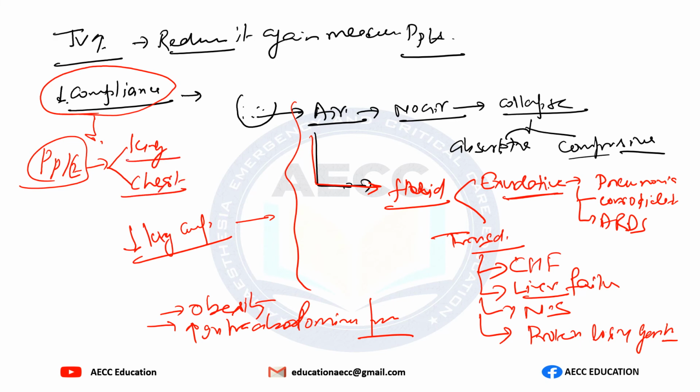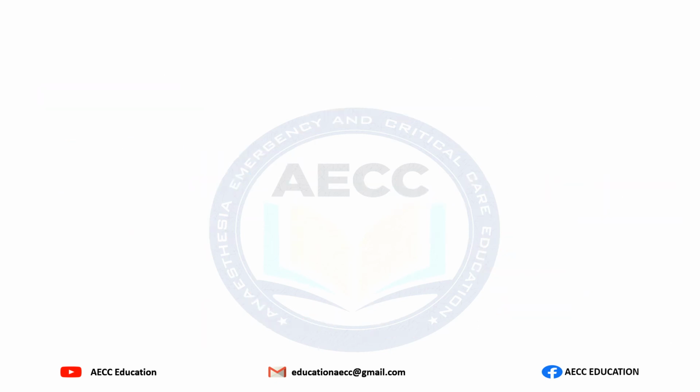To differentiate whether the cause of increased P plat is due to decreased compliance of the lung or chest, we have to measure esophageal pressure. I already discussed this in the previous class.